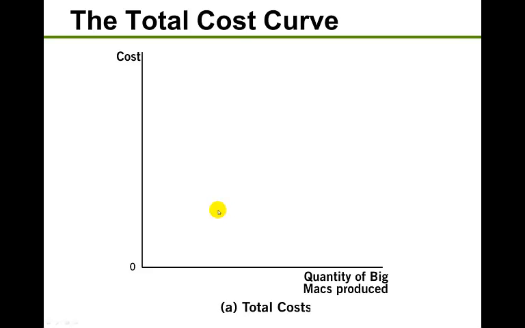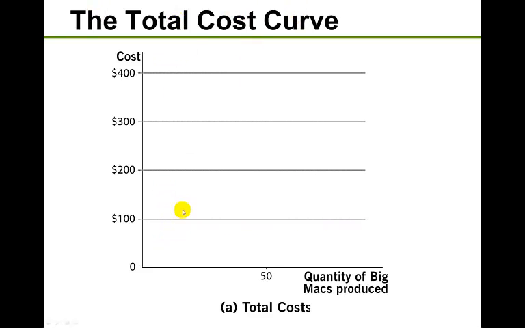Okay, so let's start to graph these different costs. First we're going to graph the total cost curves. The way that we're going to draw our graphs now is, on the y-axis we're going to have measures of price or cost, basically dollar amounts, and on the x-axis, we're going to have quantity of output.